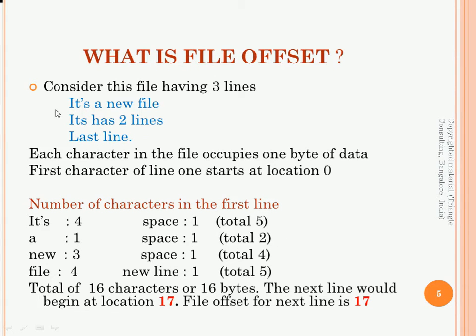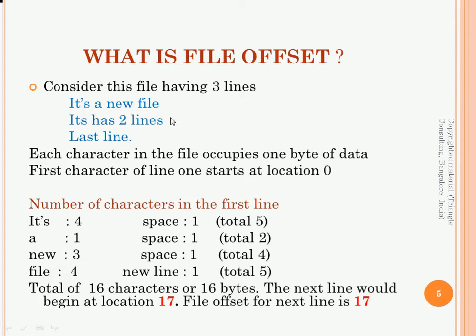So on, if you keep adding the total number of characters, 1 character for every space, and then 1 character for a new line, there would be a total of 16 characters in the first line. So it's 1, 2, 3, 4, space 5, 6, 7, 8, 9, 10, 11, 12, 13, 14, 15.